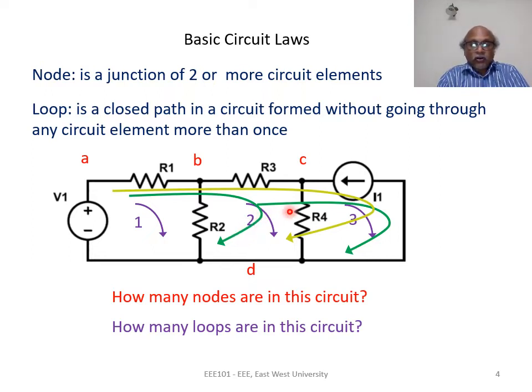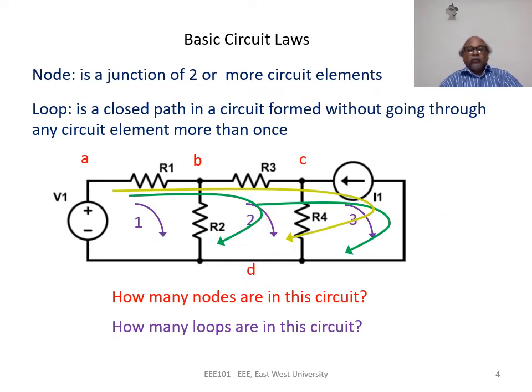The green one shows loops formed with two inner loops, and the yellow arrow shows the biggest loop formed with all these three loops. So we can see that there are in total 6 loops, although if we look at the smallest internal loops, there are 3.